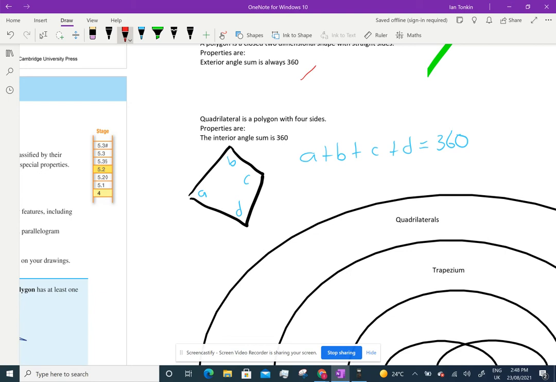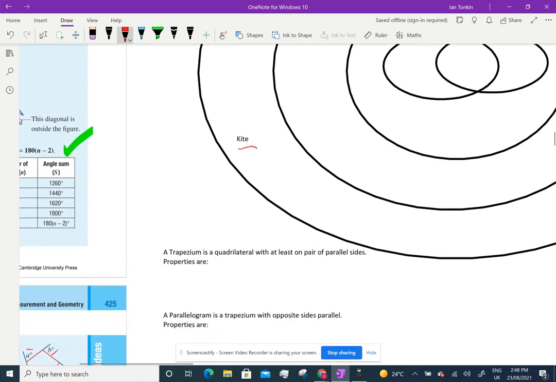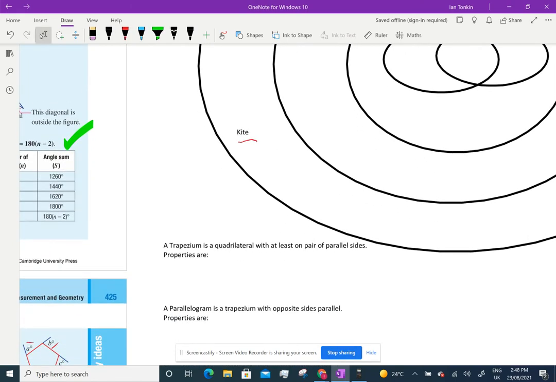The exterior angle sum of a trapezium, it's a polygon. Why is it a polygon? Because it's a quadrilateral. So its exterior angle sum is 360. And because it's a quadrilateral, it inherits the interior angle sum. I've got the word quadrilateral in there, which encompasses the interior angle sum, and because the quadrilateral definition has polygon in it, it inherits the exterior angle sum. So I don't need to write any more.